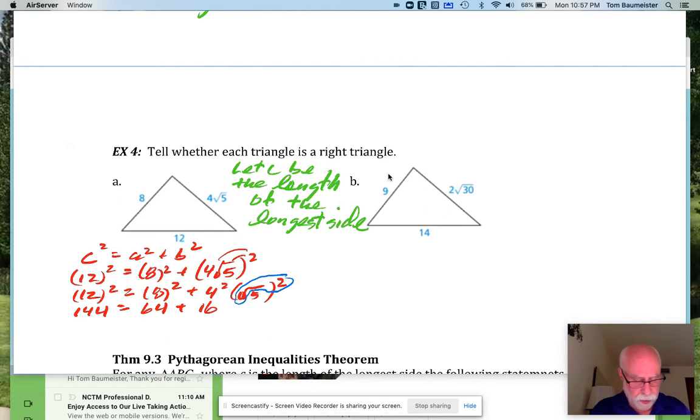So we are going to say it's times 5. All right. So 144 equals 64 plus 80. So we have 144 on this side. 64 plus 80 is 144 on that side. So we would say yes for A.